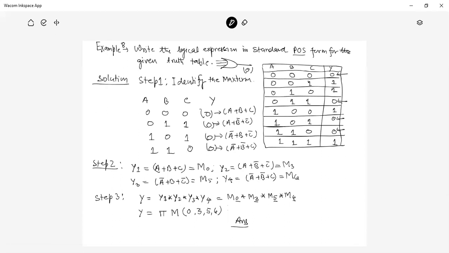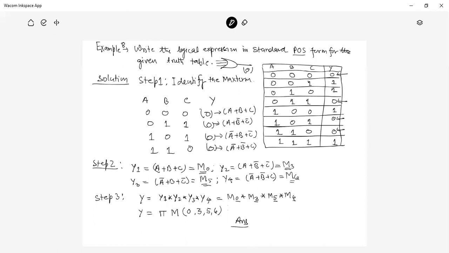A plus B plus C, all are zeros. Here it is A, B bar plus C bar. Here it is A bar, B, C bar. A bar, B bar plus C. These are the terms Y1, Y2, Y3, Y4, and these correspond to M0, M3, M5, M6 from the previous table.